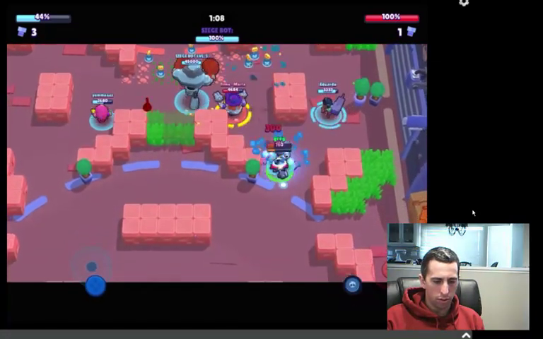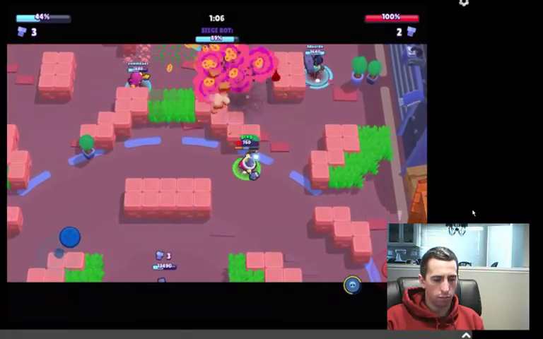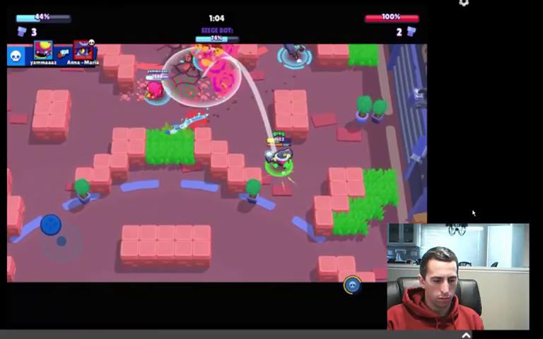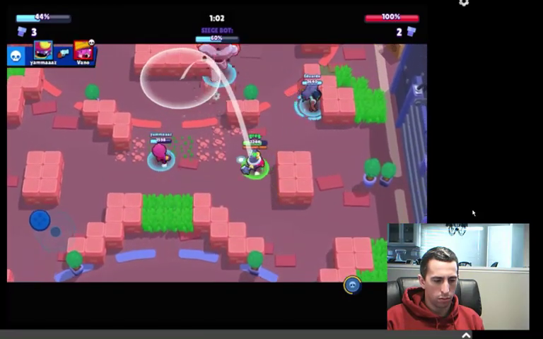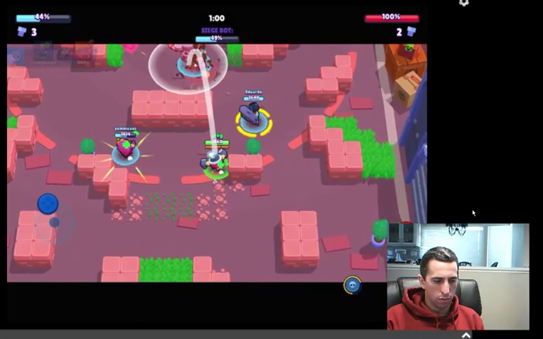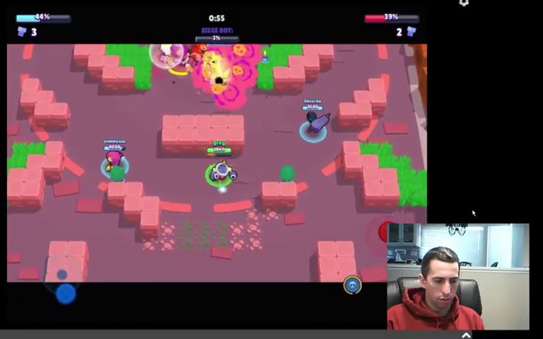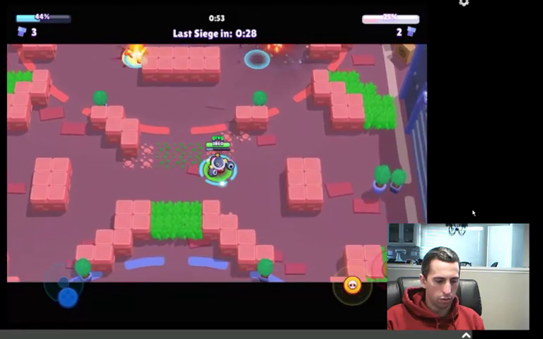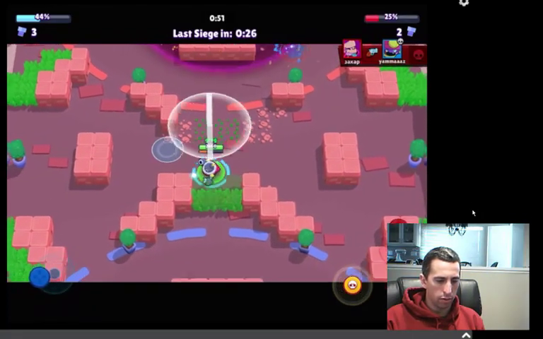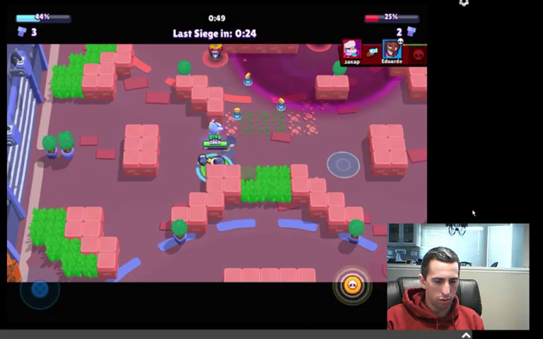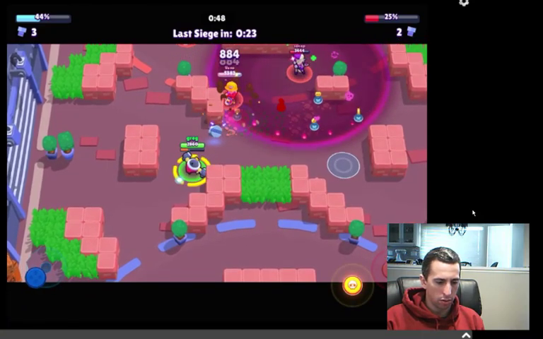Why does this guy just go for me every time? So that giant gun in there is going to start shooting in just a sec. We got to get out of there, which my teammates have not learned. They're just chilling out here like a bunch of idiots.